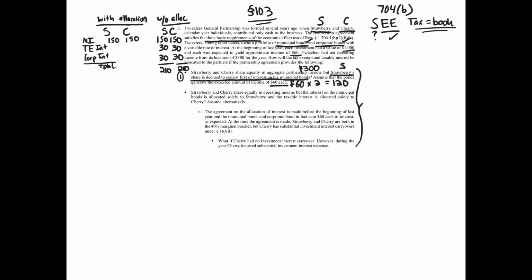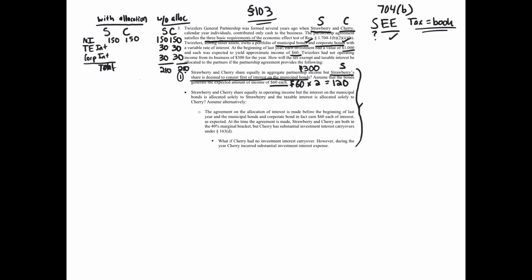Now let's do the special allocation. What happens here? This is actually what we have in the problem. Because we're checking that and seeing the difference. With the special allocation, that's actually what we're told. Strawberry's share of the interest is first deemed to come out of municipal bond interest. So we have 120 total. Their share is 50%, so Strawberry should be getting $60 of interest.